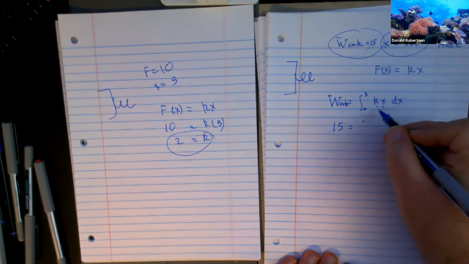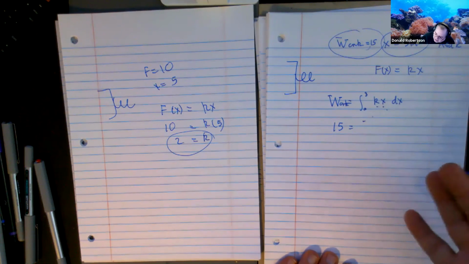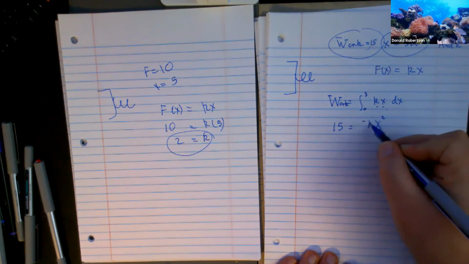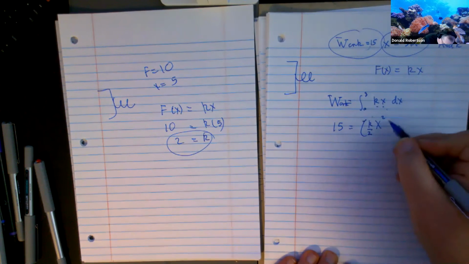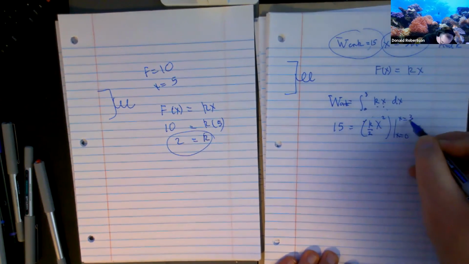Now, if you integrate kx, and just think of k as 5 or 10, it's still the power rule, isn't it? Add 1 to the power and divide by the new power. And we're going to evaluate that at 0 and at 3.